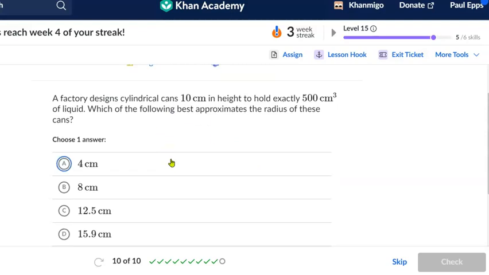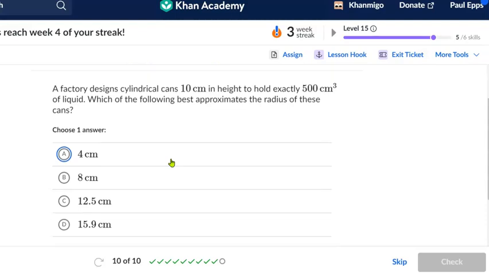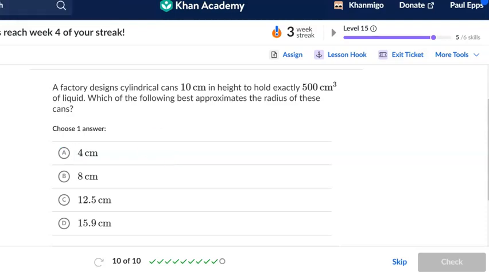A factory designed cylindrical cans 10 centimeters in height to hold exactly 500 cubic centimeters of liquid. Which of the following best approximates the radius of these cans? All right, it doesn't give us the formula. And on the regular SAT, they should give you the formula for the volume of a cylinder.